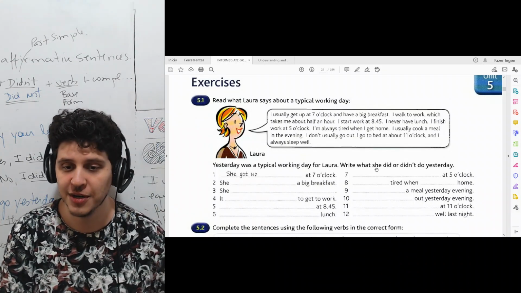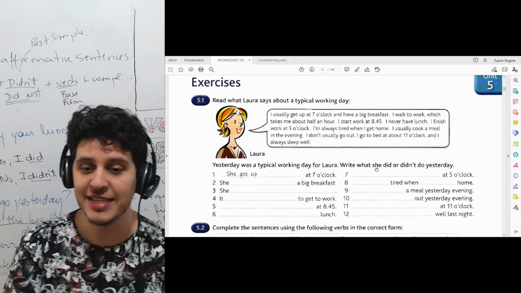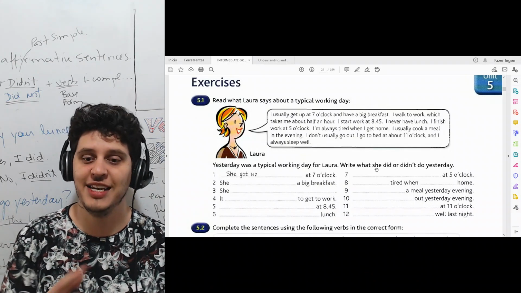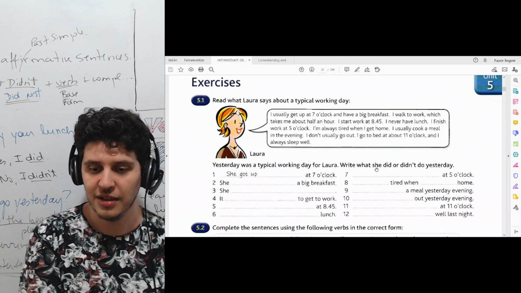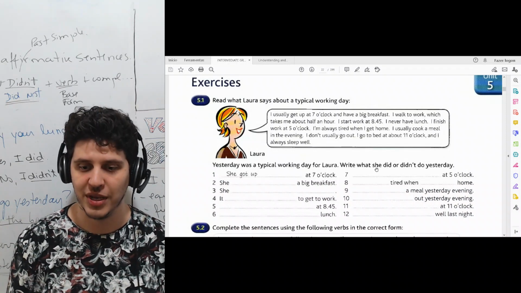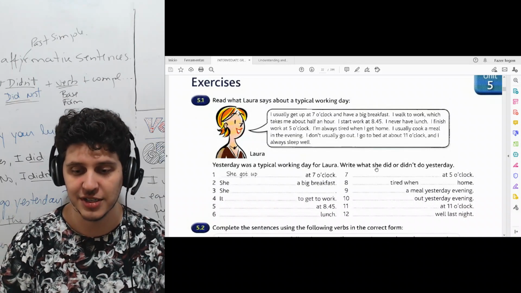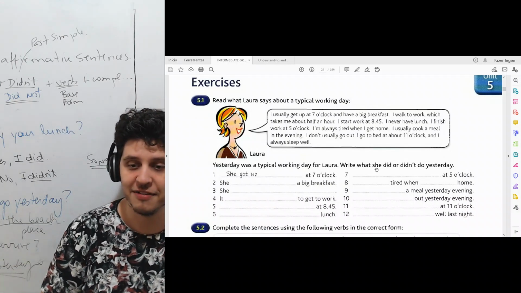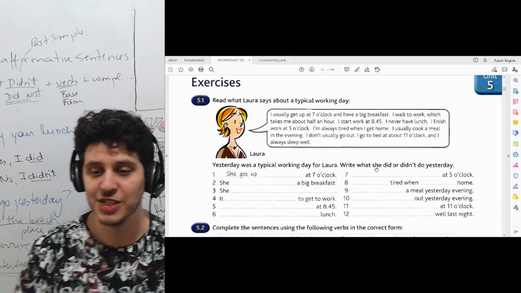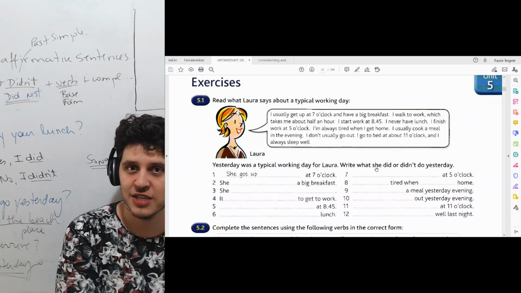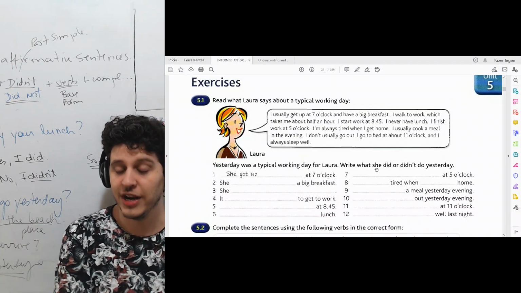Number 4, it takes her about half an hour every day. But yesterday it took her about half an hour, like always, to get to work. Number 5, as she always starts work at 8:45, yesterday she started work at 8:45.